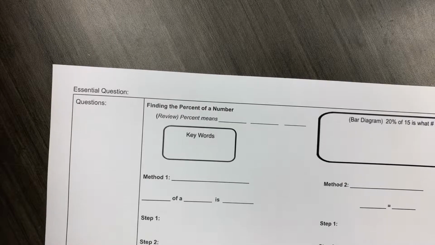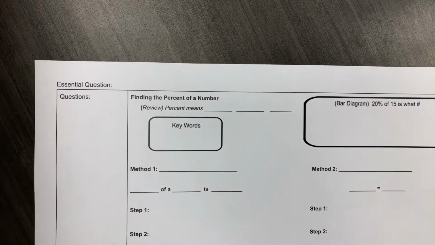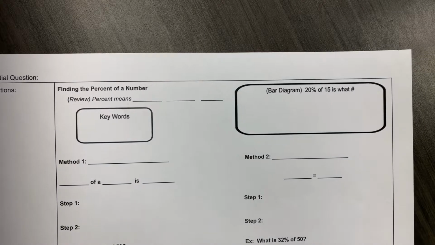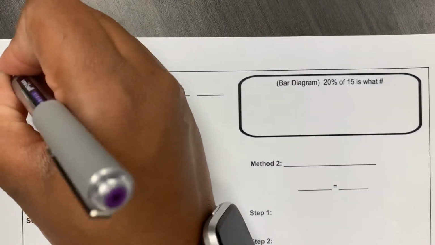Next, we're going to continue with our notes so that we can further do this. Each time you are doing percent of a number, you're not always going to draw a bar diagram. But I do want you to understand what a bar diagram is and how beneficial it is. It helps you really visualize and picture what's happening. So to start with our notes, the essential question is going to be, how do you find the part when you know the percent and the original amount?